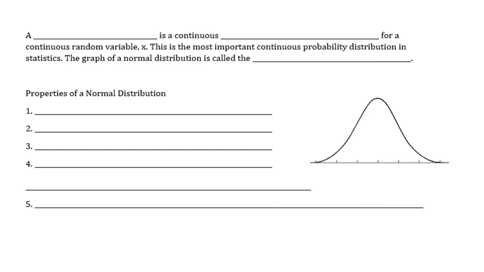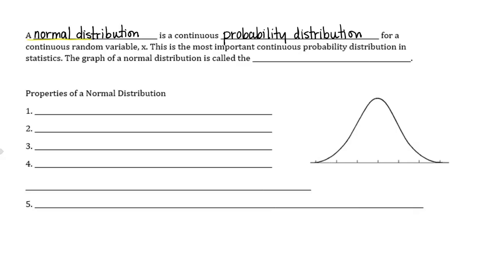So what we saw in the last video is that a normal distribution, which is what that curve we drew in the last example for the continuous variable, a normal distribution is a continuous probability distribution for a continuous random variable x.